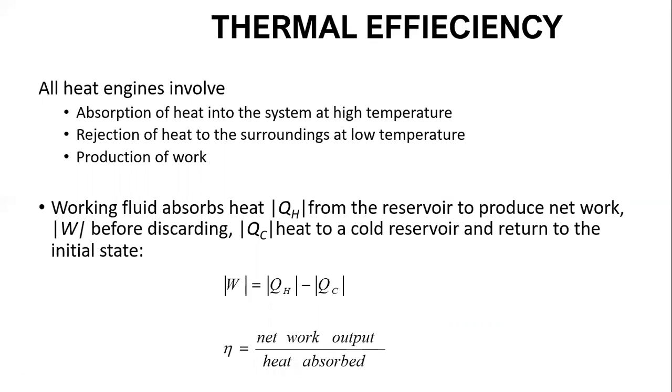We also have the working fluid absorbing the heat from the reservoir to produce the net work, which would be W in our case, before discarding QC, which is our waste heat, to a cold reservoir and then returning to the initial state.